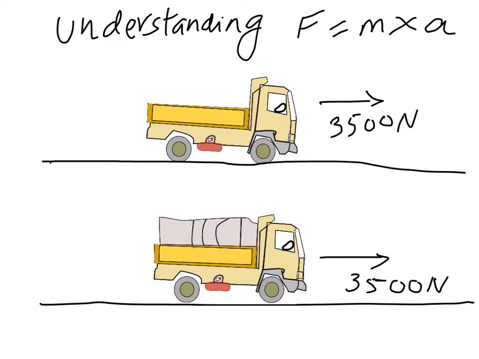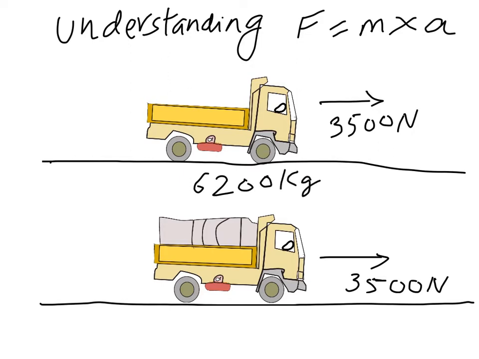Now what you can see here is a resultant force. This means the force of the engine take away any friction on the wheels or the air resistance, all taken into account. That's the sum, or that's a resultant force. We also have the mass of the truck, 6200 kilograms.